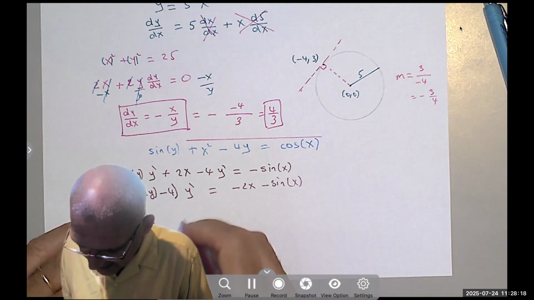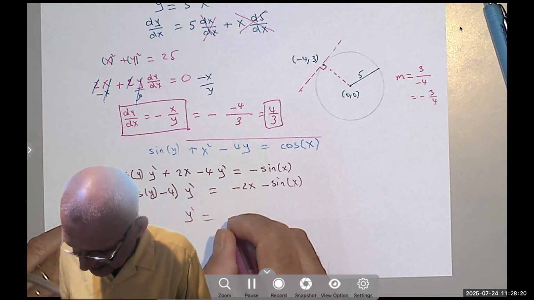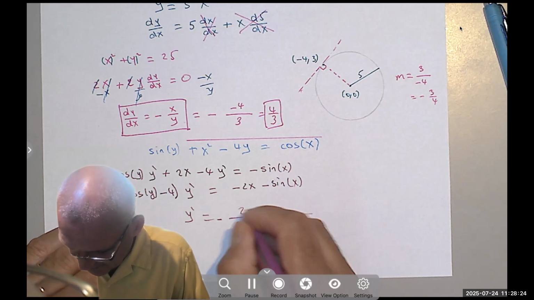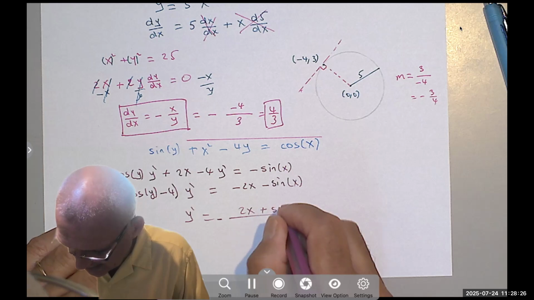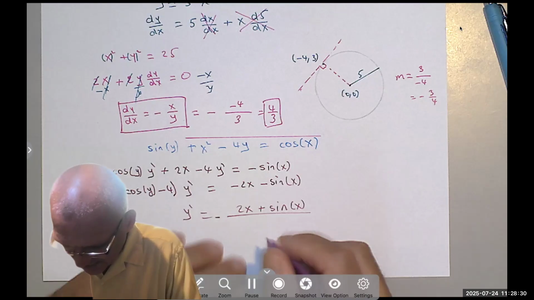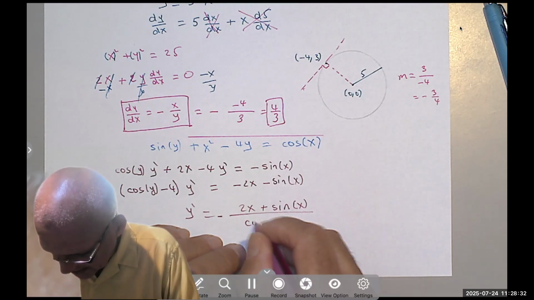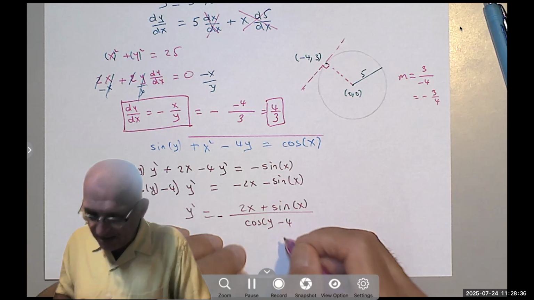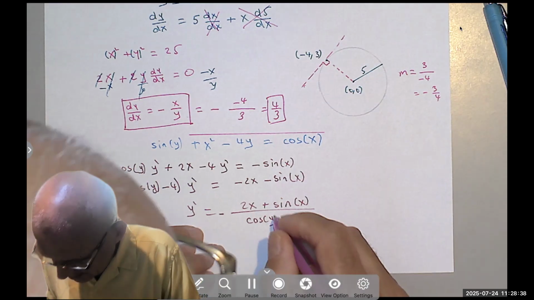And finally, I get y prime by dividing. So I can take a negative outside, so these become positive if you prefer, or you can leave negative 2x minus sine x on the numerator, and you get cosine of y minus 4 in the denominator.